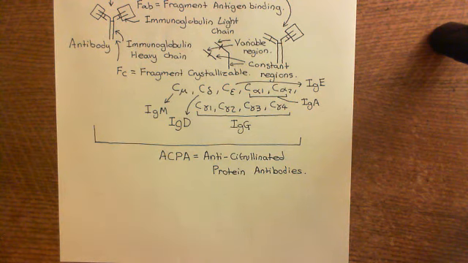But now you've produced this antibody against a protein that's at a site where there is no inflammatory response occurring. So it cannot get out of the blood and into the site where that protein is, because in order to get out of the blood it requires the blood vessels to be leaky, and therefore it requires an inflammatory response to be occurring at that site for the anti-citrullinated protein antibody to get out.